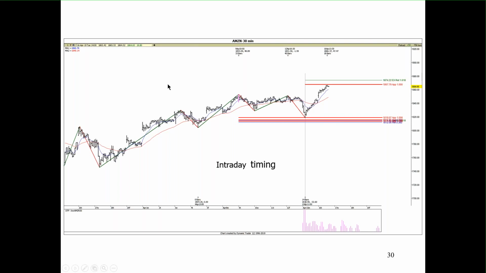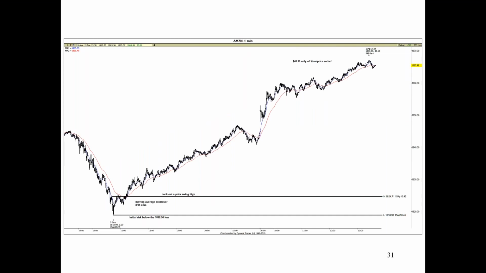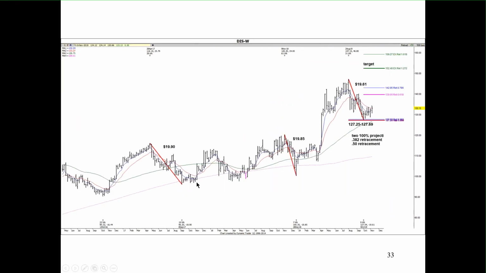So let's look at how that would have triggered an entry. Okay, so that was a 30-minute setup. This next chart is a 1-minute chart for a trigger. And you wanted to see basically a shift in pattern from the lower lows and lower highs over here on the left-hand side to higher highs and higher lows, to consider that we might have a low in place against that support. Whoops.